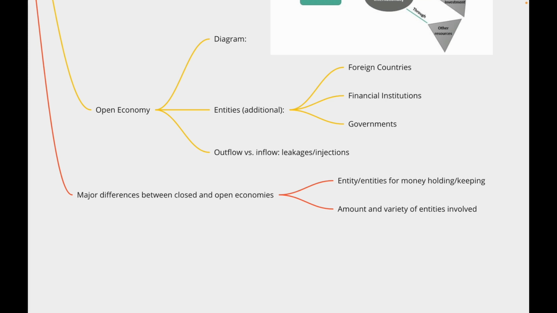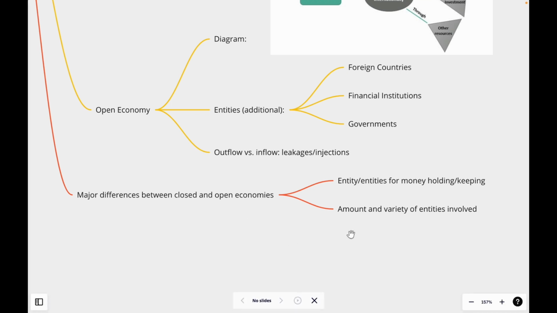But this is different with the open economy because there are more entities in which money can be held. For example, the financial institutions. They can hold on to the money for the households because households often want to earn some extra interest.